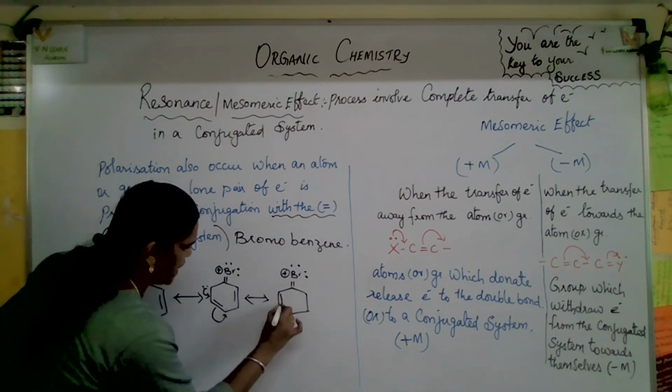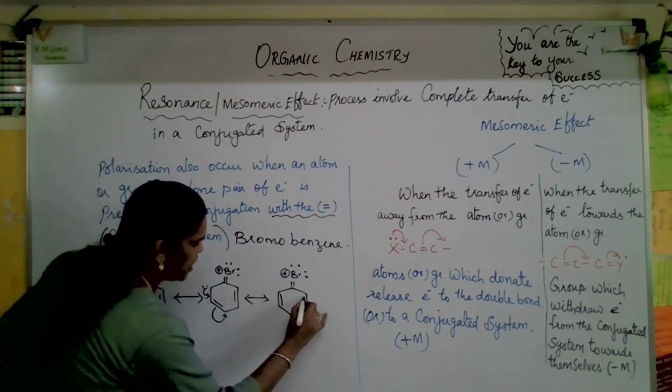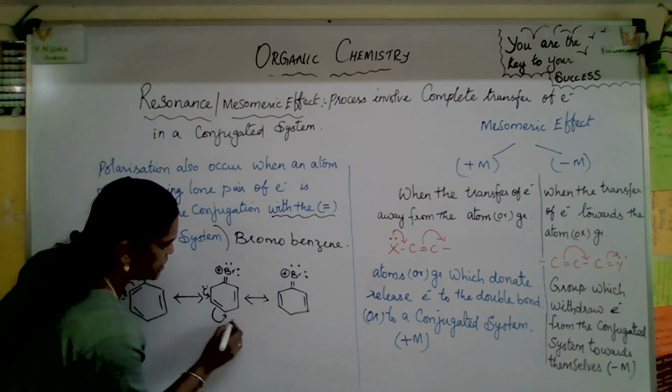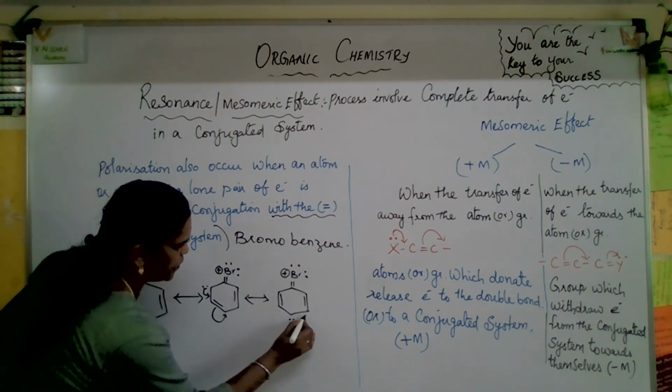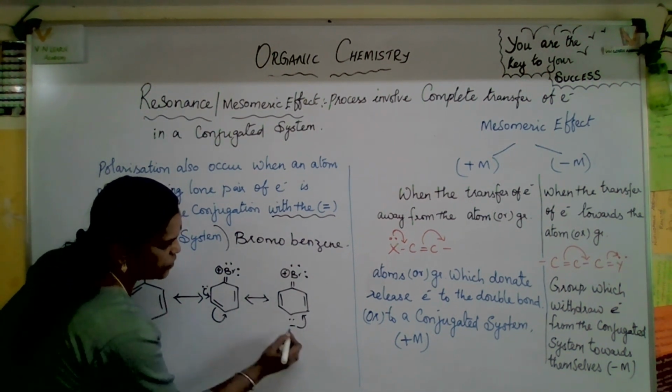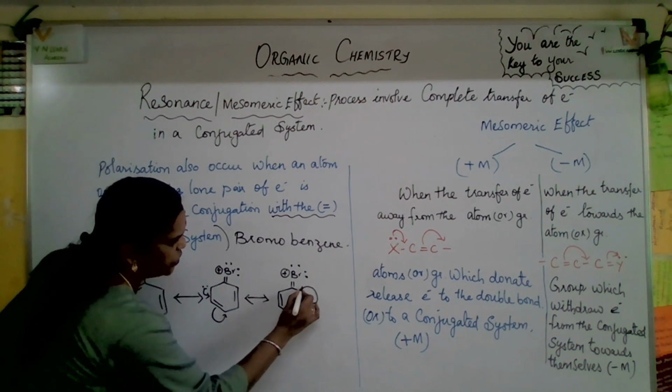So here a double bond will be there and here also a double bond will be there. The lone pair of electrons shifts over here. When it goes to this side, this is ready to turn to this side.